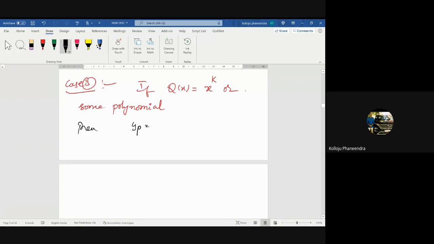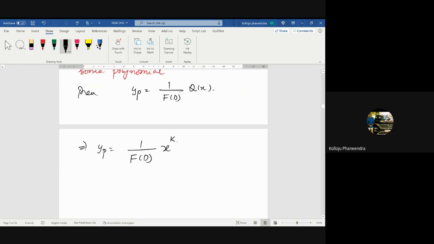Then the particular integral is 1 by f of d into q of x. This implies yp equals 1 by f of d into x to the power of k. Then how to solve this?